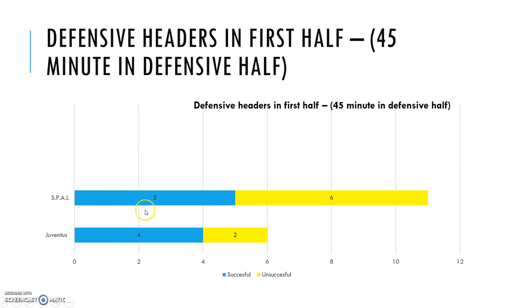Defensive headers, again, SPAL made 5 successful headers and 6 unsuccessful headers, which could have led to Juventus scoring from this mistake. Juventus also did 4 successful headers, but only 2 unsuccessful headers, so they had less chance of the other team scoring because they only made 2 errors.